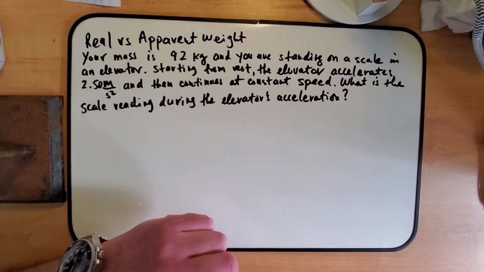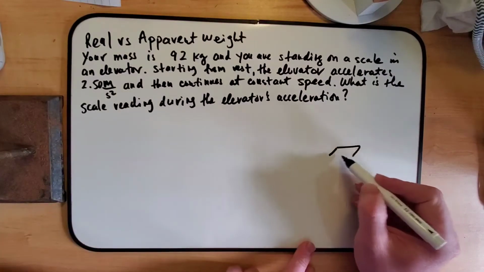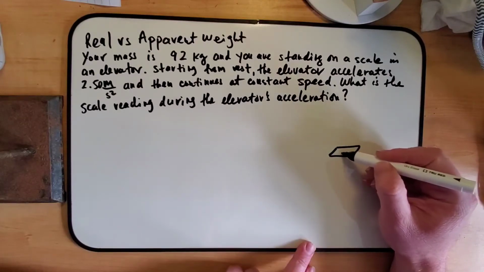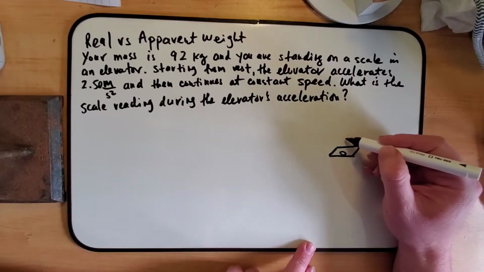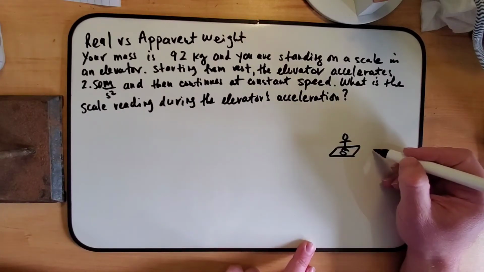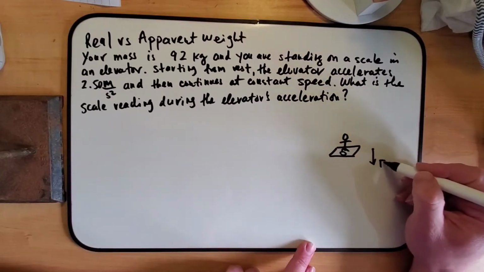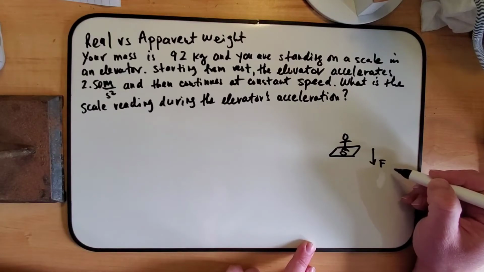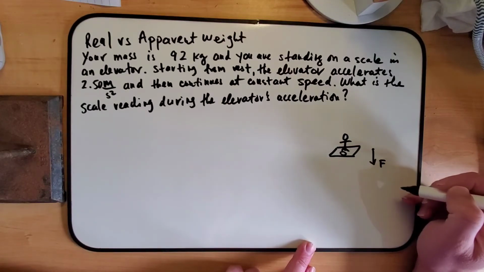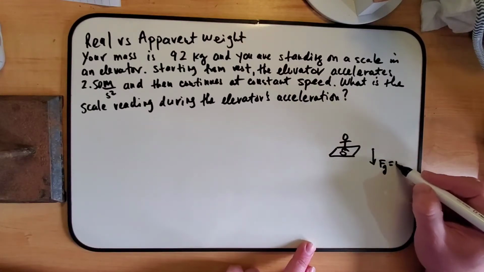Okay, so how do we solve this kind of problem? Well, the first thing we have to realize is, if you're just standing, and sorry for my drawing, guys, I try to be as simple as possible, standing on the elevator without any movement, the elevator in a stationary position, and I draw a free body diagram, there is of course the force of gravity pulling you down, and that is your weight.